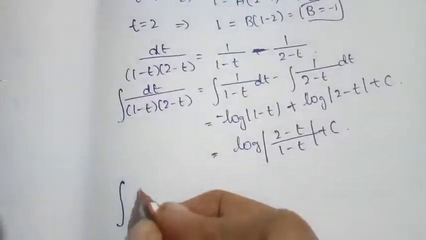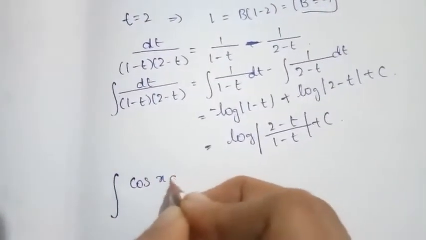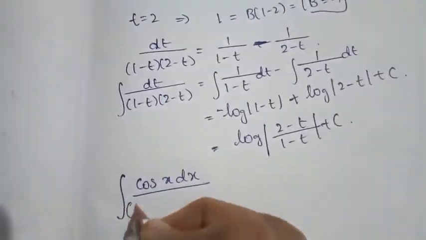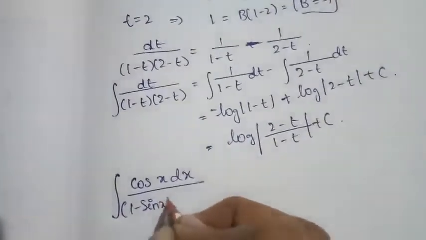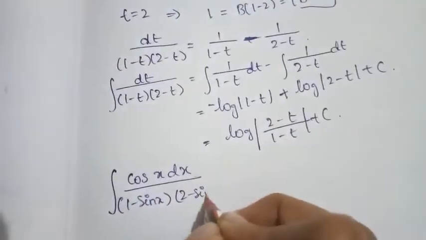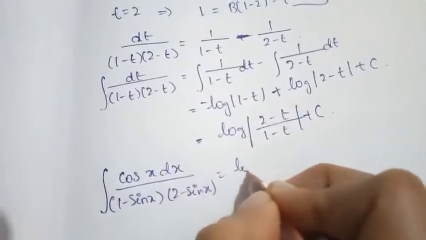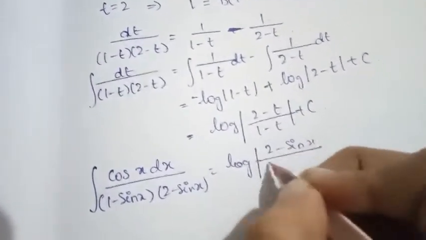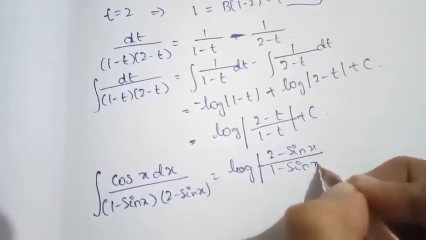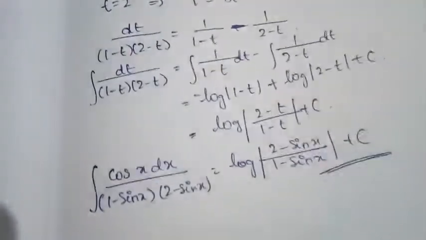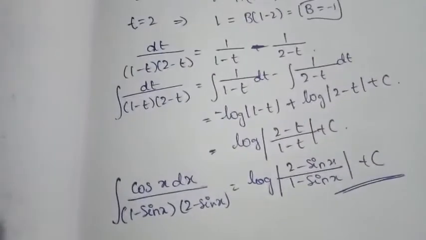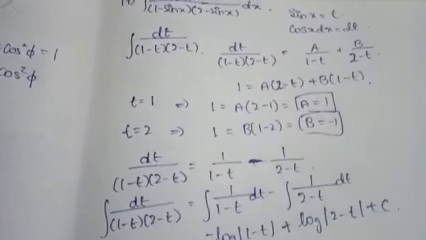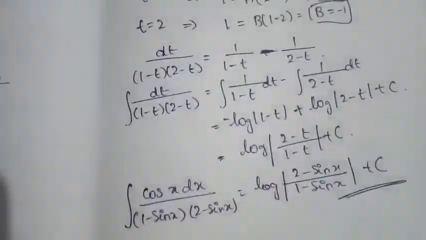The value of t here was sin x. So cos x dx divided by (1 minus sin x) into (2 minus sin x) is equal to log of mod (2 minus sin x) divided by (1 minus sin x) plus c. So this is the integral of the given question. This is how substitution and partial fraction take place simultaneously.